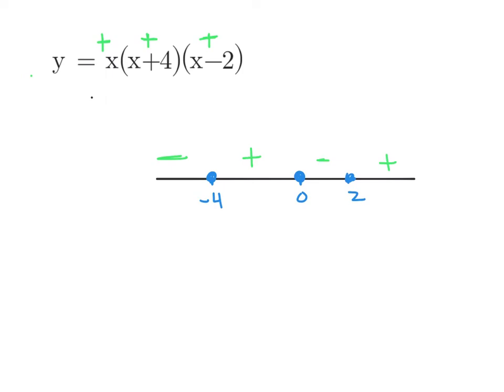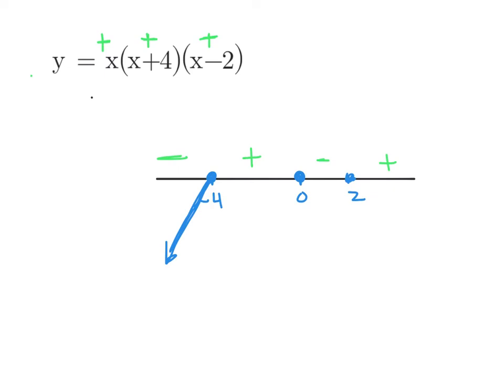This is enough to give us a reasonable sketch of what our graph would look like. I know that when x is less than -4, the y value is negative, which means that it has to be below the x-axis. In between -4 and 0, it's going to be positive.